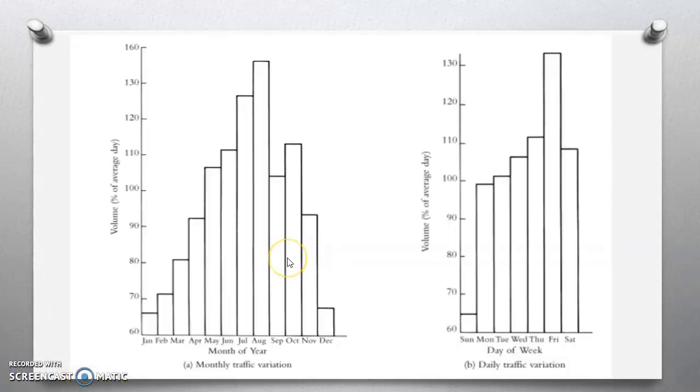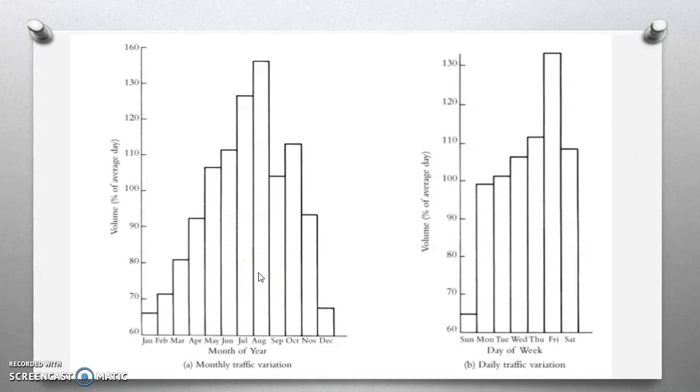In this figure, monthly variations are shown, where very low volumes are observed during January and February, mainly because of the winter weather, and the peak volume is observed in August, mainly due to vacation traffic.